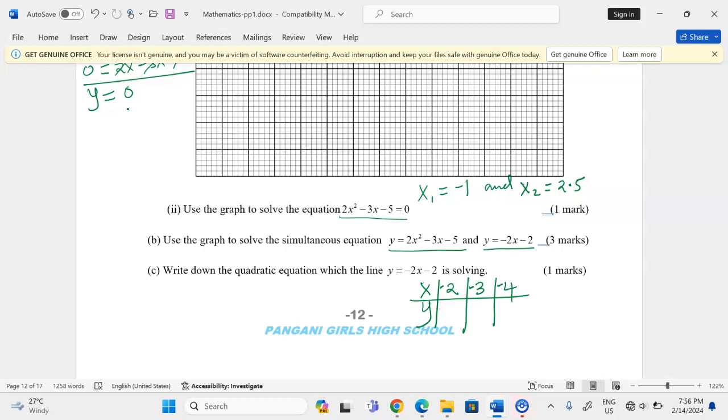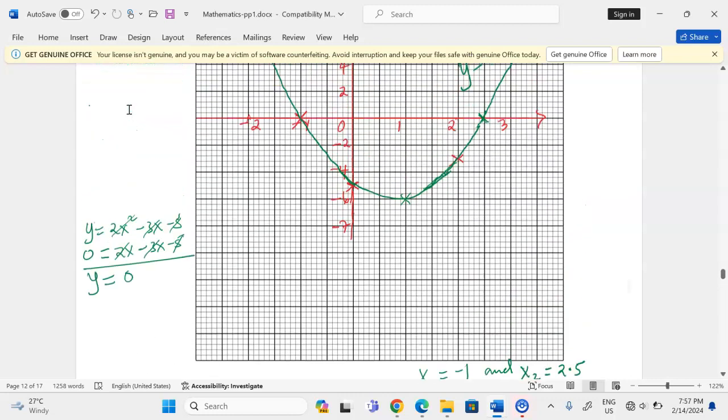So -2 by -2 will give us +4 minus 2. That will become a +2. Then we'll have -3 such that this becomes -2 into -3. That will be +6 minus 2. We get a 4. Then -4 means -2 into -4. That is +8 minus 2. We get a 6.